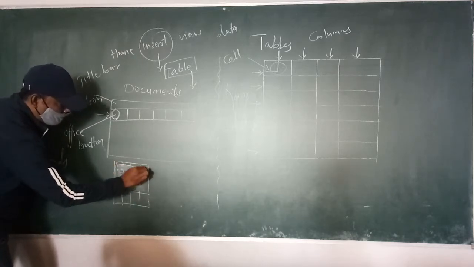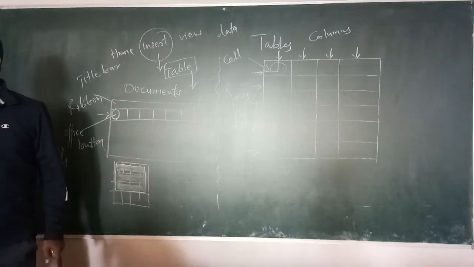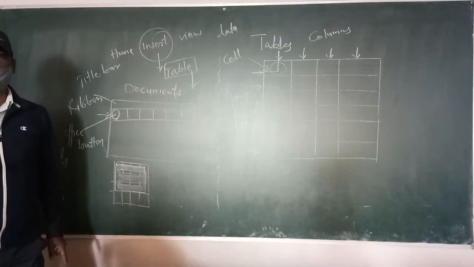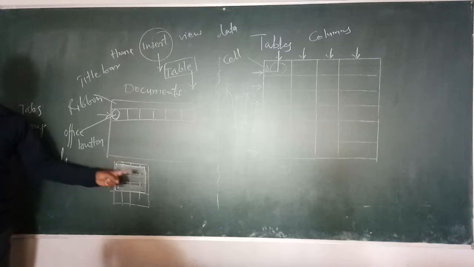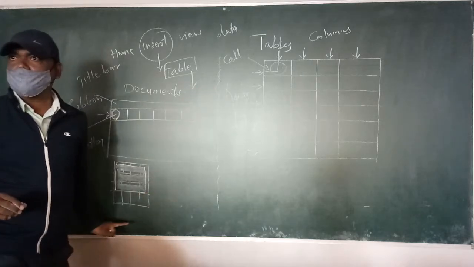When you select this portion, your table will be created with 3 rows and 4 columns. In this way you can create a table by selecting grids.